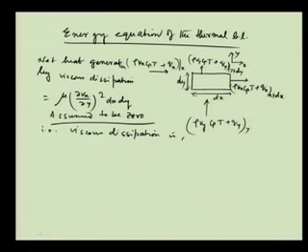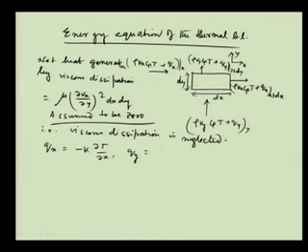Now, we also know that q x can be written as minus k into del t by del x, and q y can be written as minus k into del t by del y. These are based on Fourier's law, and these are the fluxes per unit area.